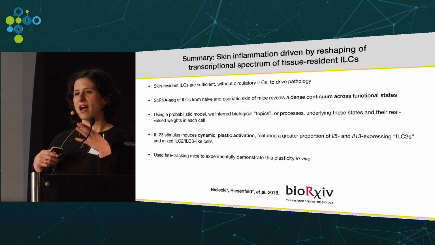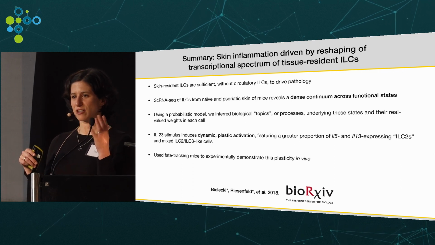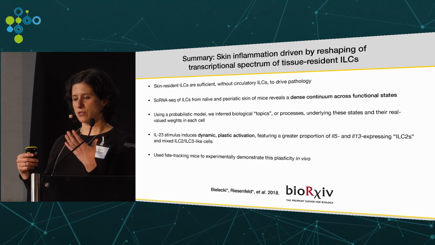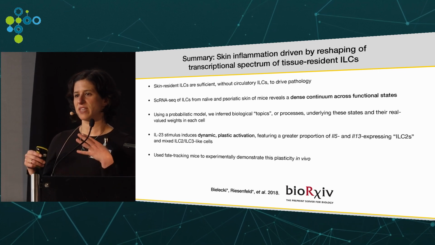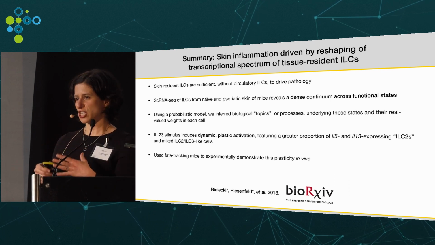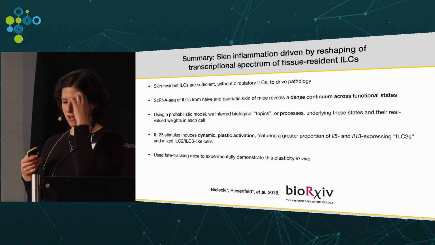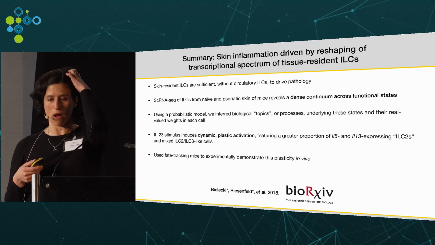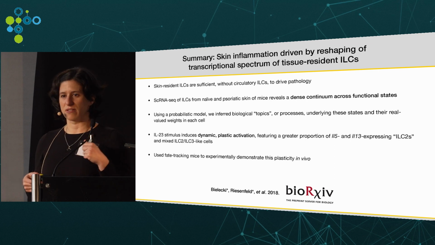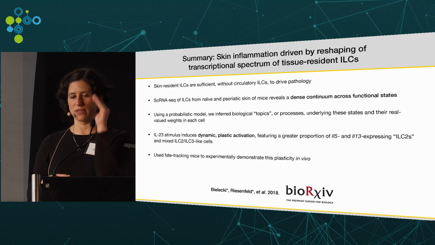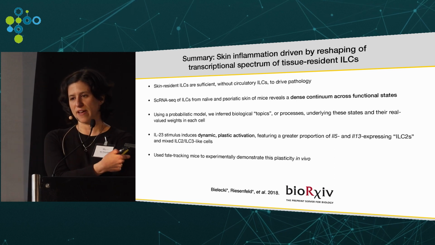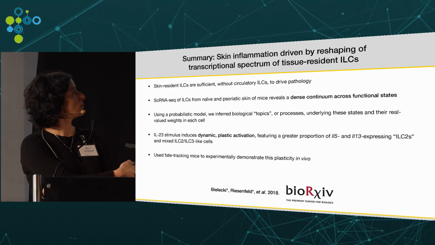By today's standards this is a small number of cells and a focused analysis, but I think it's really useful to think about how we can get these kinds of analyses right: how can we characterize variation, even steady state variation, in transcriptional space and model it, and then extend that to larger scale analyses where you have multiple layers and also cell types. And then we were able to validate this dynamic activation in vivo.